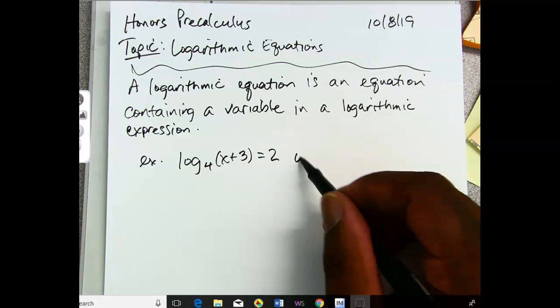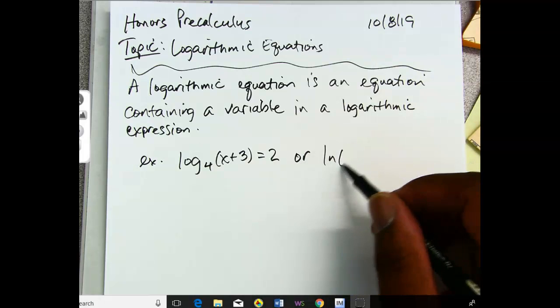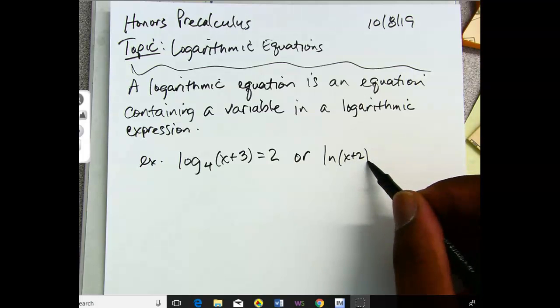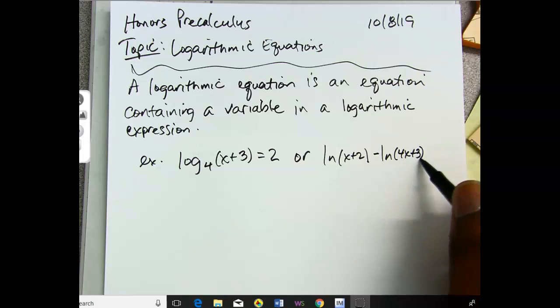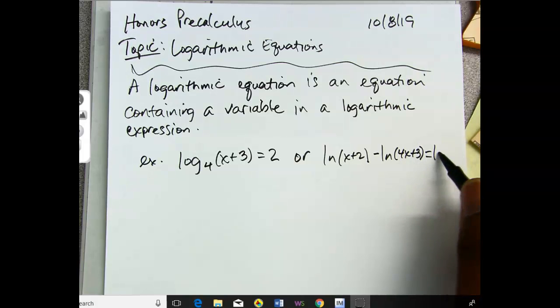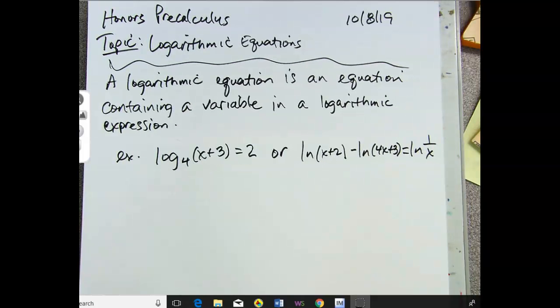Or something like this, where you have natural log of x plus 2 minus natural log of 4x plus 3 equal natural log of 1 over x. This would be a logarithmic equation as well.